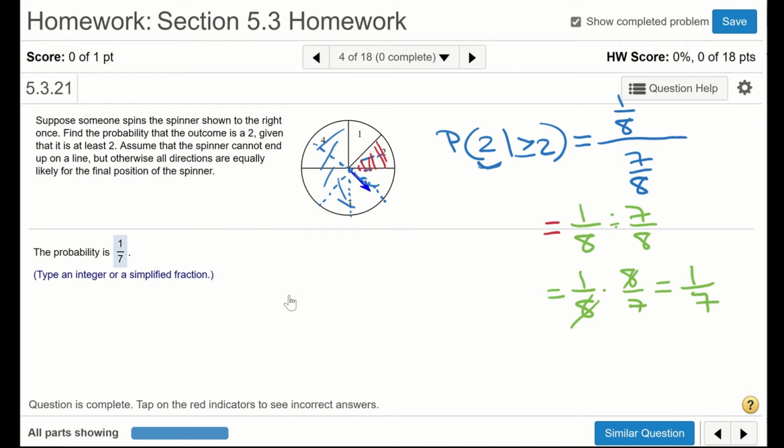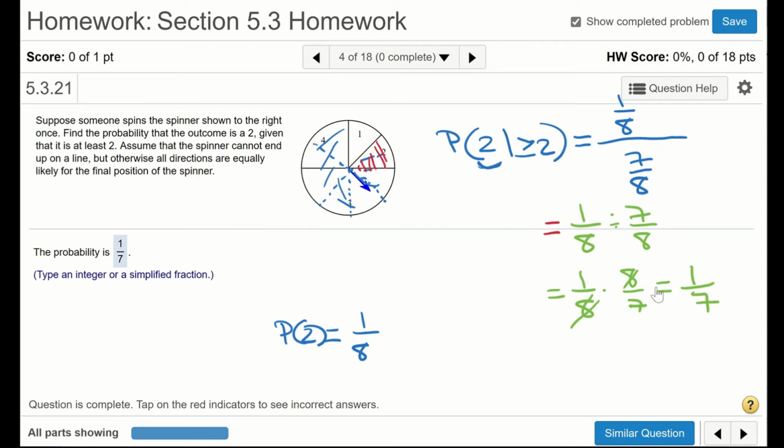And notice if we were dealing with the circle itself and we didn't have the conditional probability, the probability of getting a 2, right, without the condition would have just been 1/8. But because we have reduced the sample space size, right, we're only looking at this region, not the whole circle, the probability of getting a 2 has increased, because notice 1/7 is larger than 1/8.